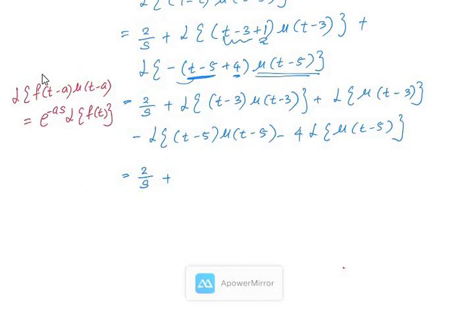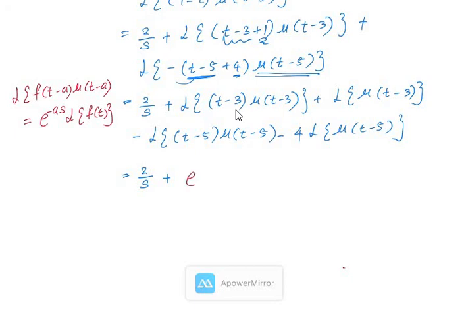If we compare with this equation, we have the Laplace transform of f(t minus a) u(t minus a). So this is the Laplace transform of (t minus 3) u(t minus 3), so our a is 3. So we get e to the power of negative 3s, then the Laplace transform of f(t). f(t) refers to this one, so we are left with t only.